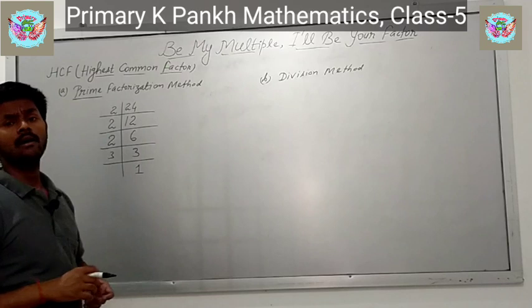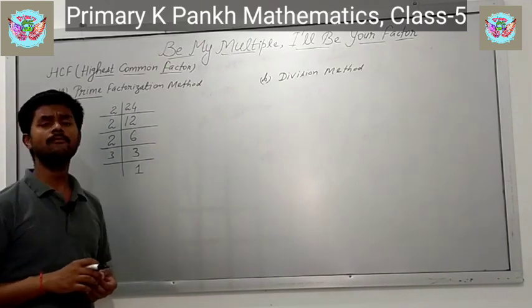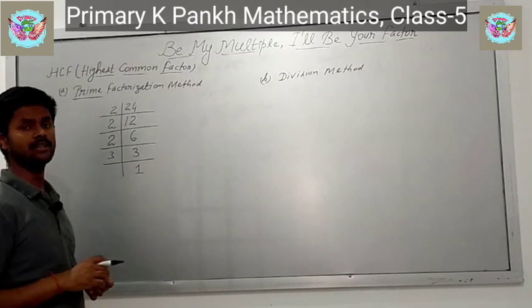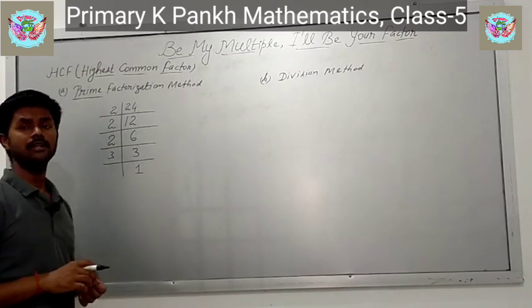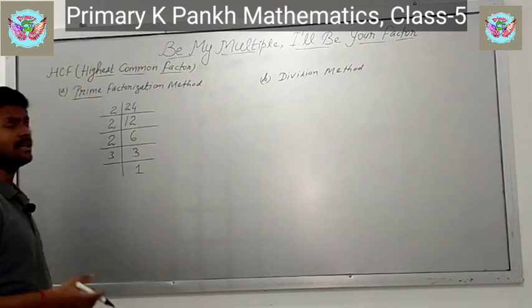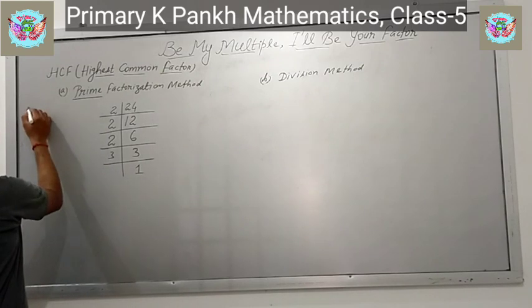So today we are going to know HCF by the use of prime factorization. How will we find HCF by the use of prime factorization? Suppose you have to find HCF of 24 and 36. How will you find HCF of 24 and 36? Suppose this is a question.